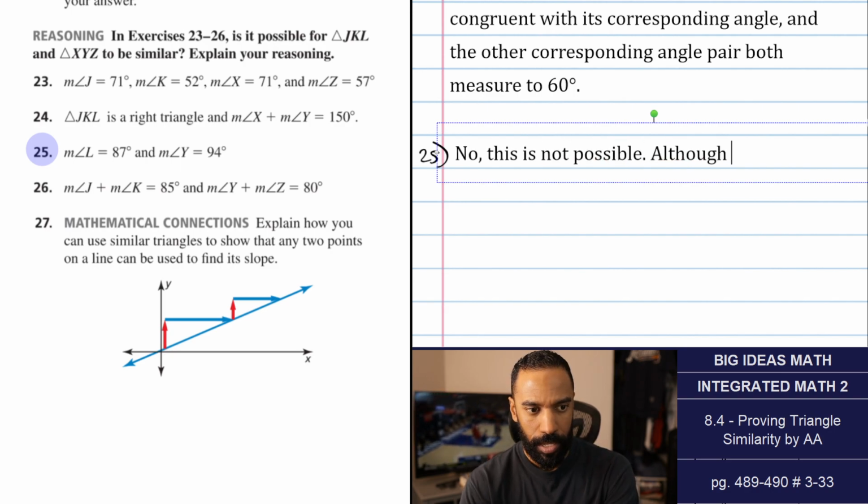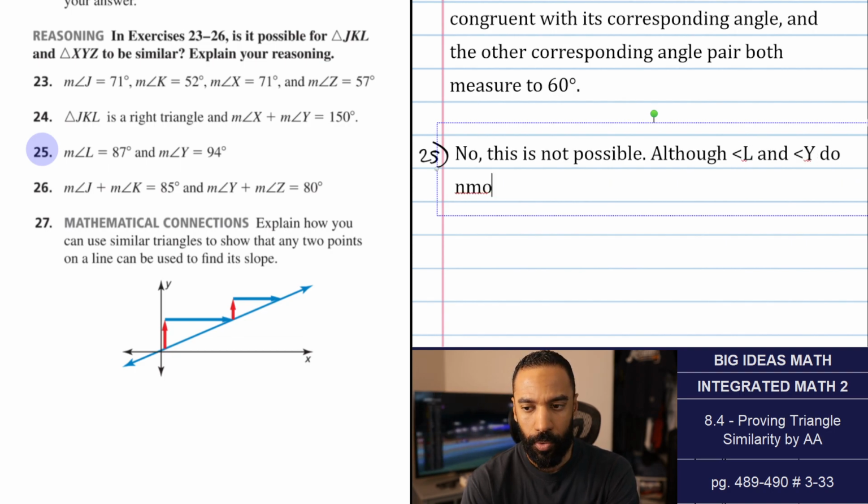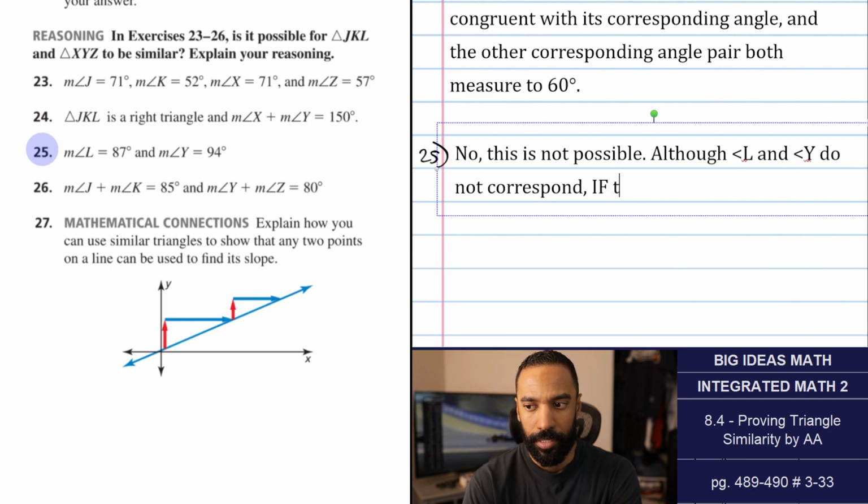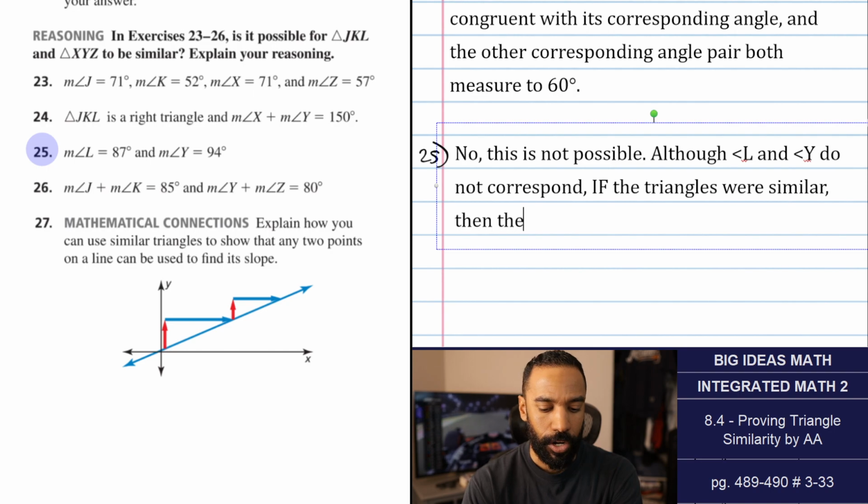Although L and Y do not correspond, if the triangles were similar, then their corresponding parts would have to be congruent.